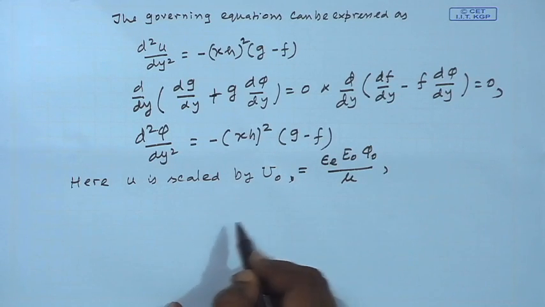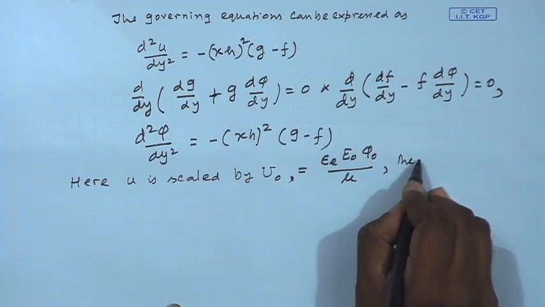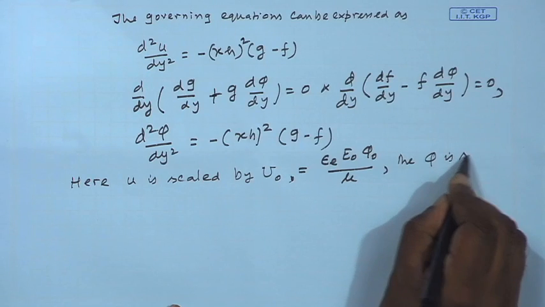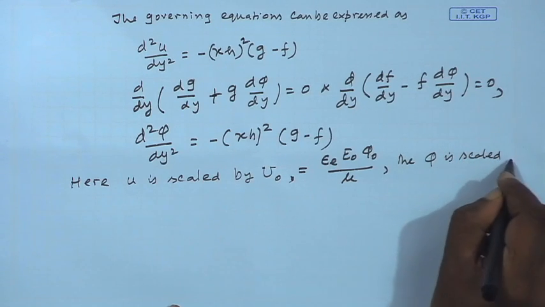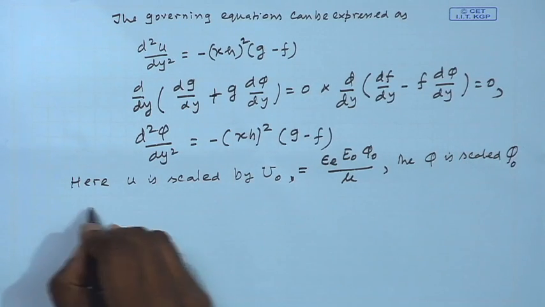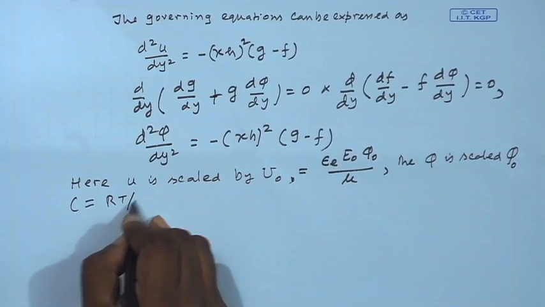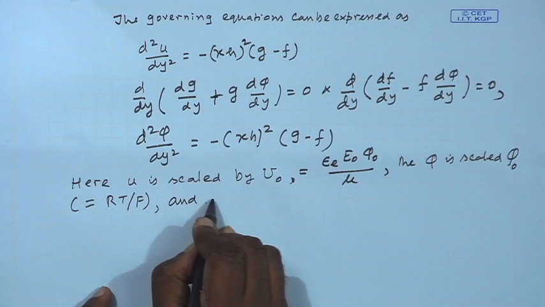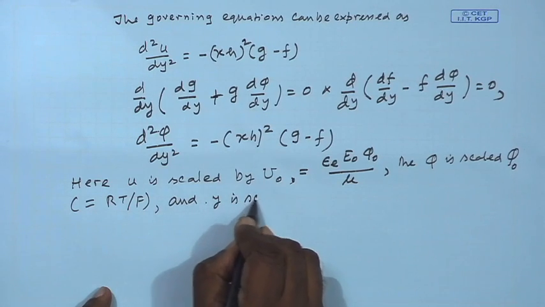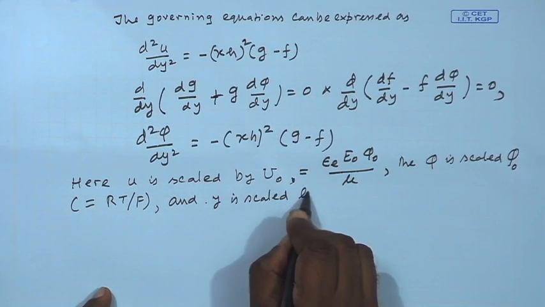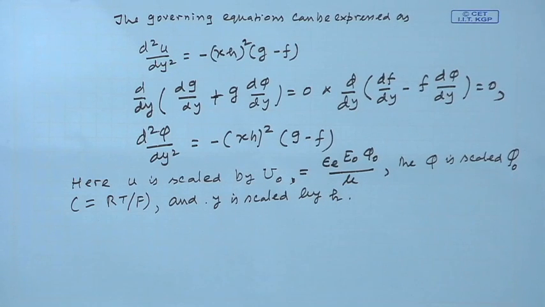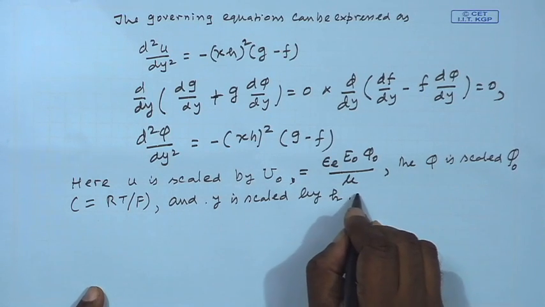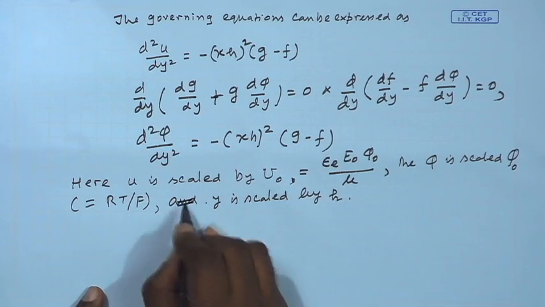The electric potential phi is scaled by phi0, which is nothing but RT by F, the thermal potential scale, and y is scaled by h.